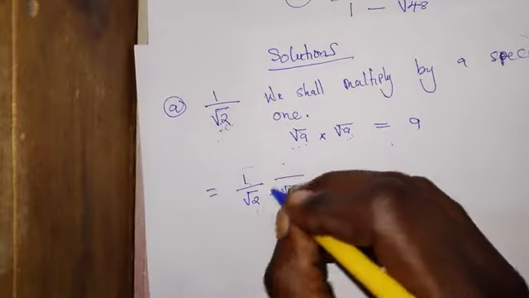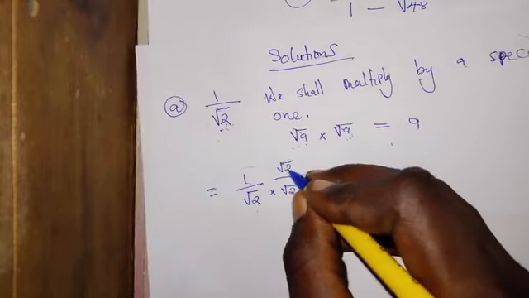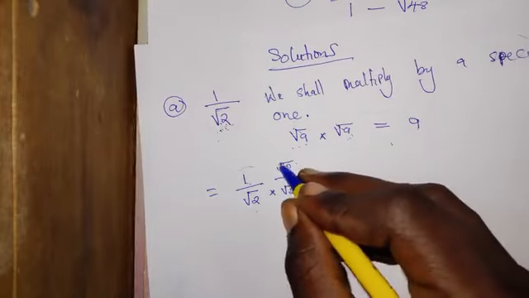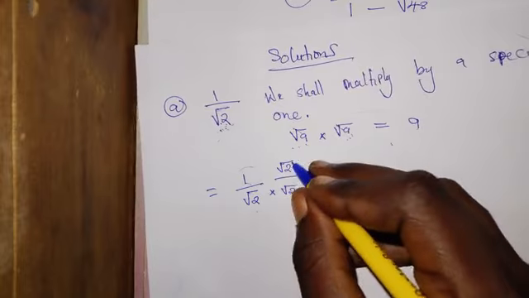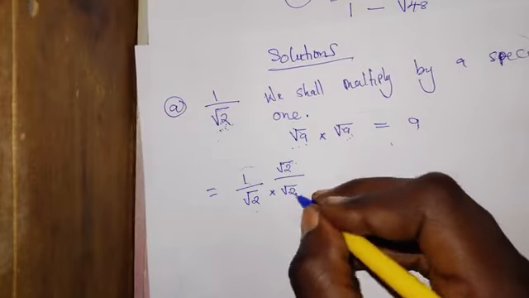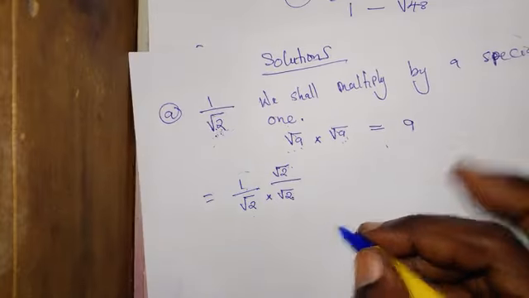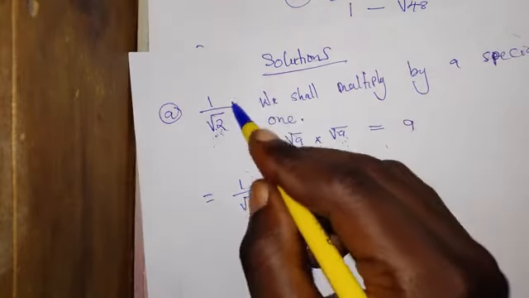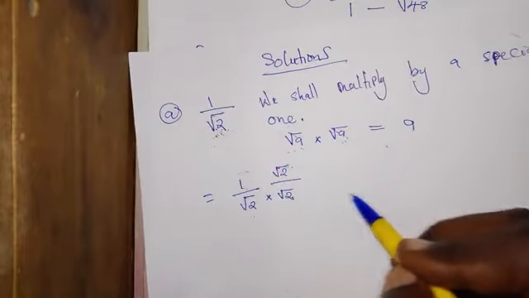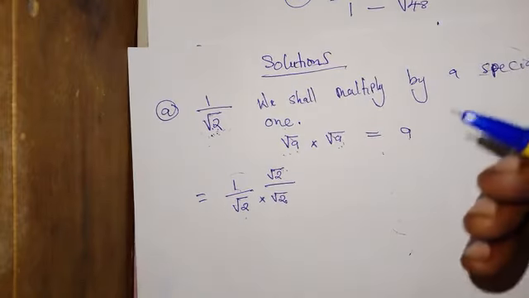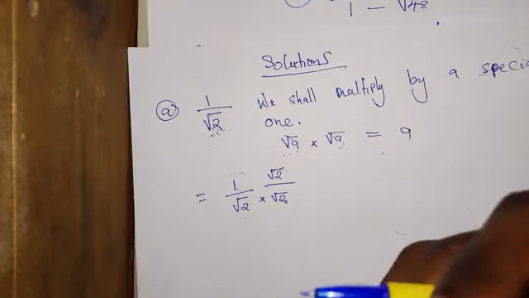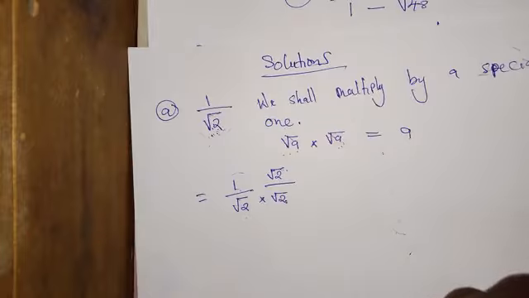So we are multiplying this whole fraction by root 2 over root 2. Root 2 divided by root 2 is just basically a 1. We are calling it special because it is not just any kind of one. You are supposed to analyze and think how you can come up with this special one.